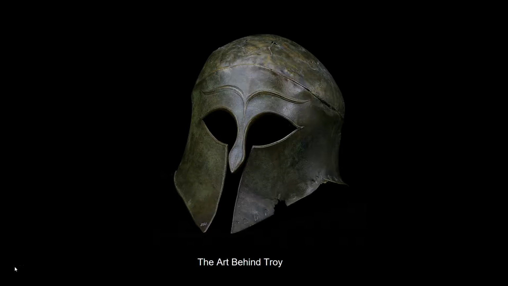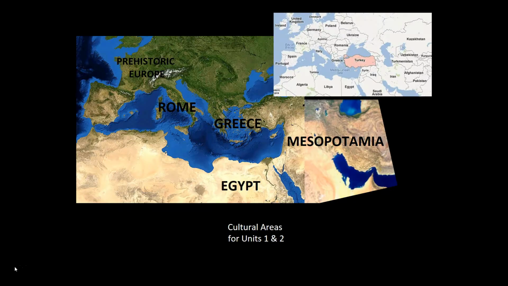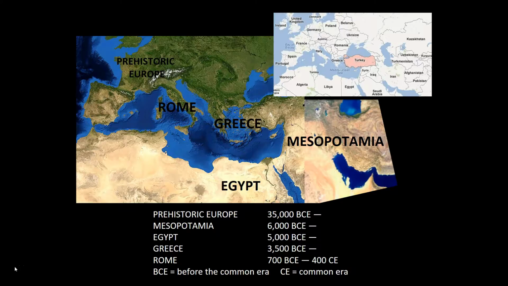And so for this class, for the first 2 units out of the 3 total for this class, we focus on these cultural areas. We look at Mesopotamia, Egypt, Greece, Rome. We started all in prehistoric Europe. At the earliest phase, we pick up these cultures at these absolute dates.